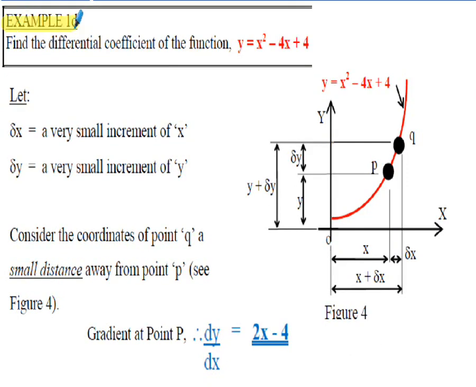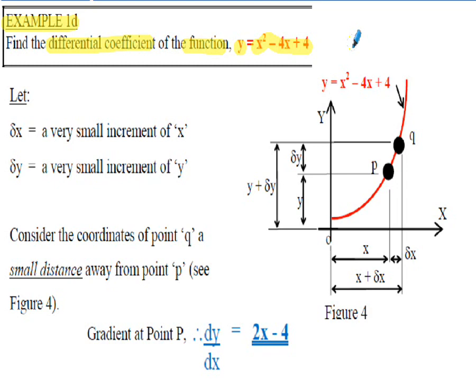Now example 1d asks us to find the differential coefficient of the function y is equal to x squared minus 4x plus 4. Now that was the original equation we were given on the exercise 1 a few slides prior to this one, where we worked out the gradient at 3 points using a graphical method.